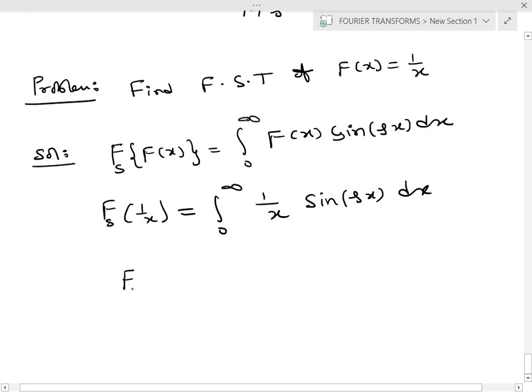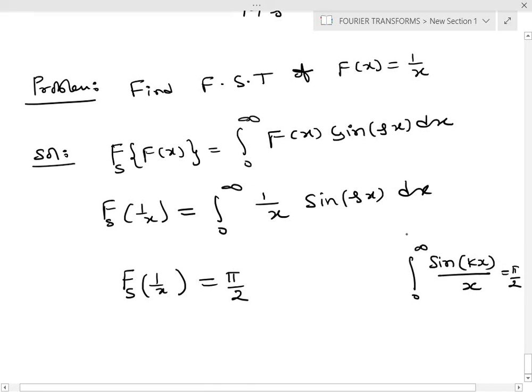So the Fourier sine transformation of 1 by x is equal to pi by 2. The standard integral we are supposed to remember is the integral from 0 to infinity of sine of kx divided by x, with k a constant, equal to pi by 2.